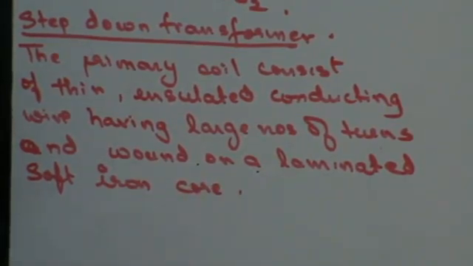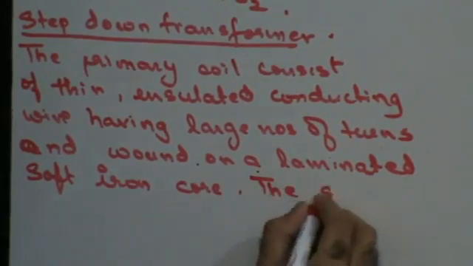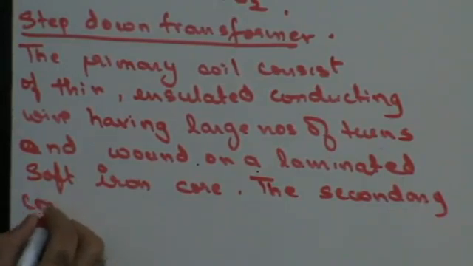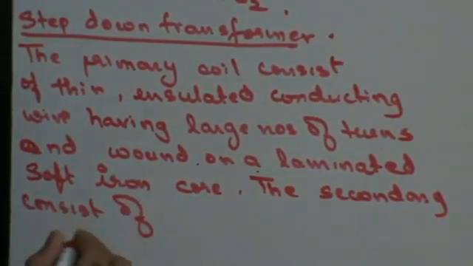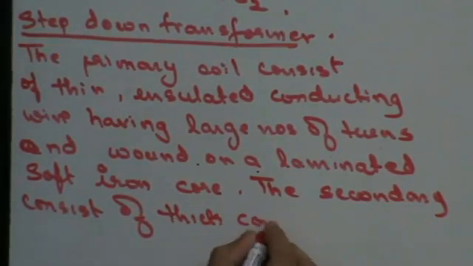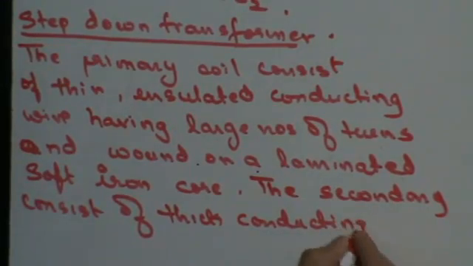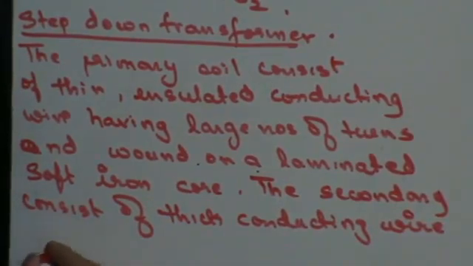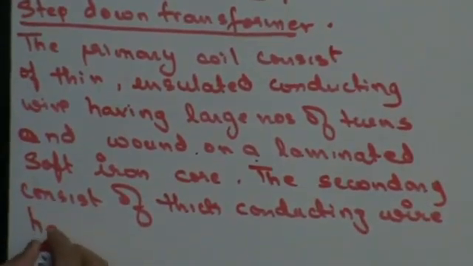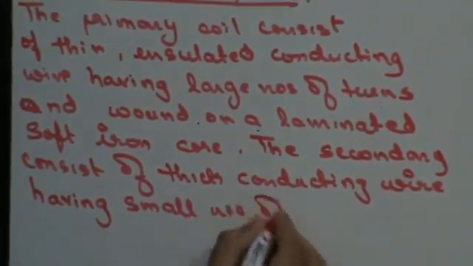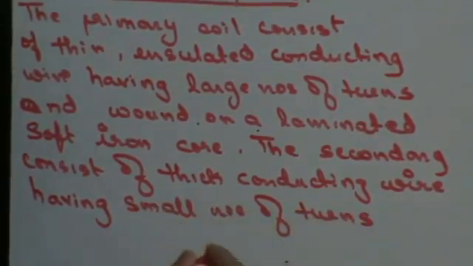Right? The secondary coil consists of thick conducting wire having small number of turns as compared to primary.